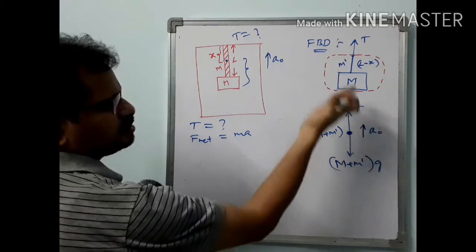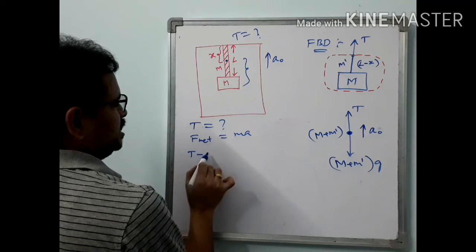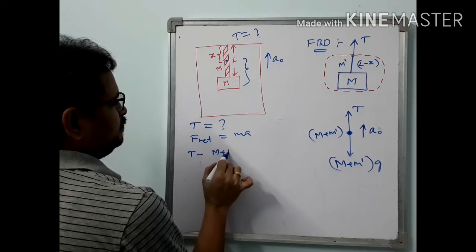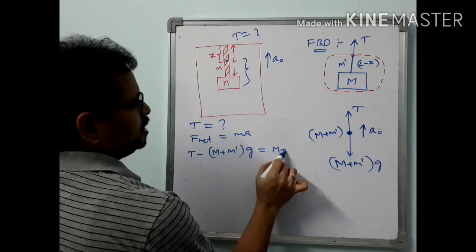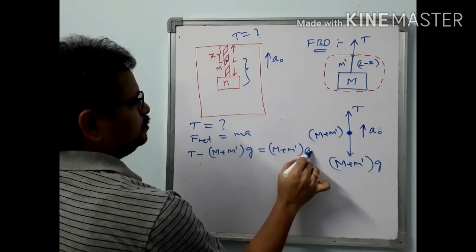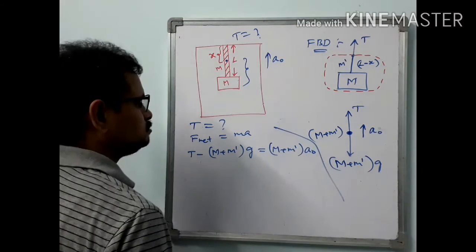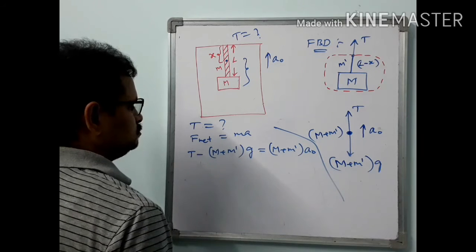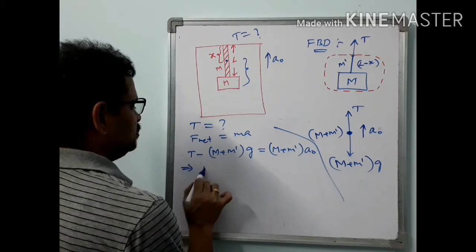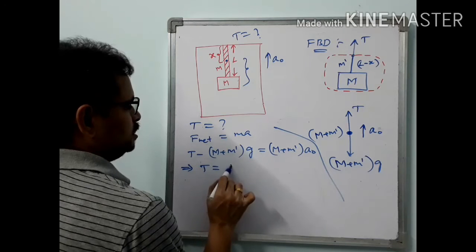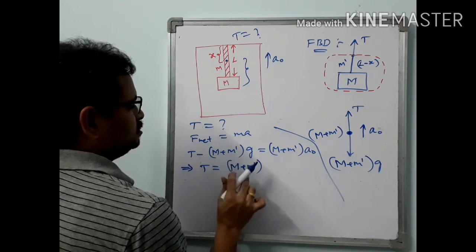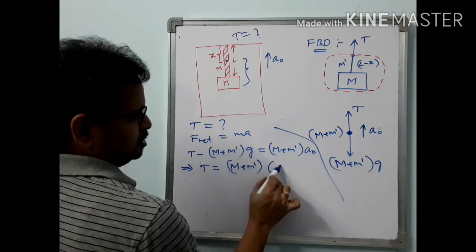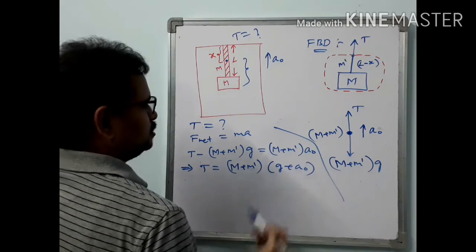What is F net here? T minus (m plus m dash)g equal to (m plus m dash) into a naught. That implies T equal to (m plus m dash) into (g plus a naught).